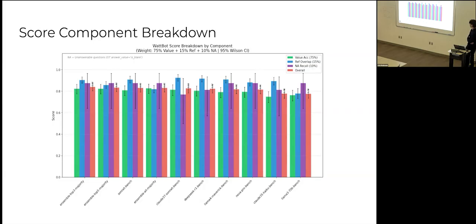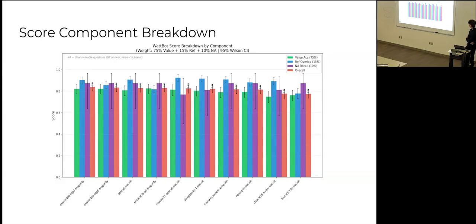It looks like 3.7 Sonnet actually had the highest reference overlap, about 0.92. So that means it's really excellent at citing the correct source. But its overall score is low not because it gets the answers wrong, but because it refuses to answer too many questions, which tanks its value accuracy.